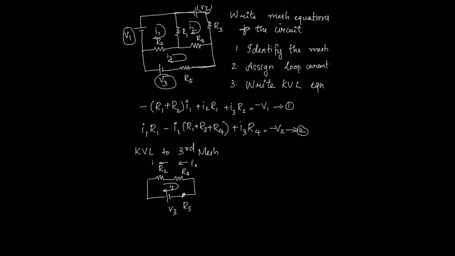Through R2 there is I1 current flowing. Between this direction, voltage has a negative potential here and a positive potential here. As we move from this point to this point, the voltage is increasing. So we can write V3 minus VR2 minus VR4 minus VR5 is equal to 0 according to Kirchhoff's voltage law, that is, the summation of voltage is equal to 0.